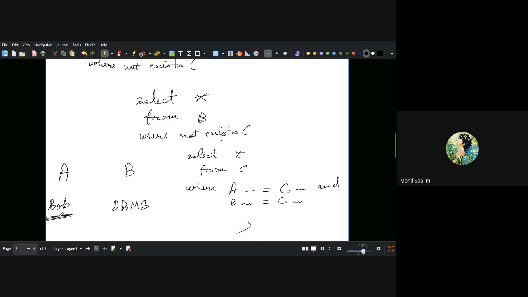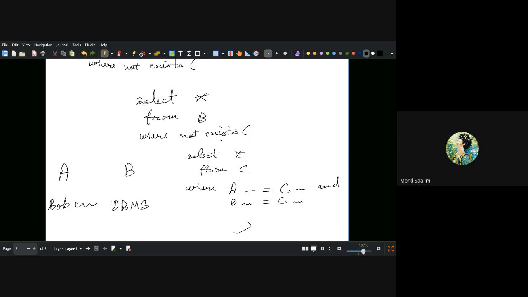If we have Bob here and DBMS here, and Bob had not enrolled in the DBMS course, then this collection will be empty and this not exists will return true. We are collecting only those courses for which there is no enrollment.